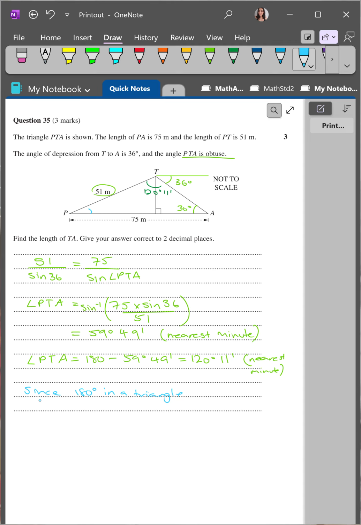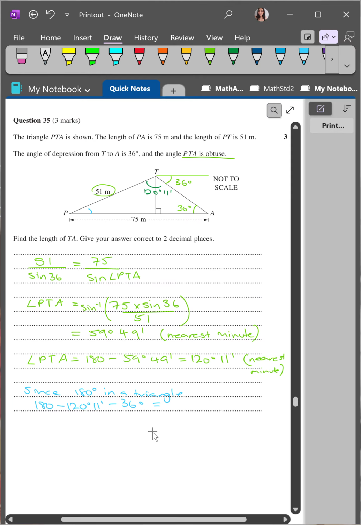So we can do 180 minus 120 degrees 11 minutes minus 36 degrees, and that equals, so TPA, let's actually label this.